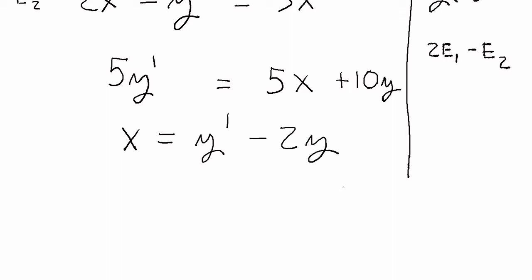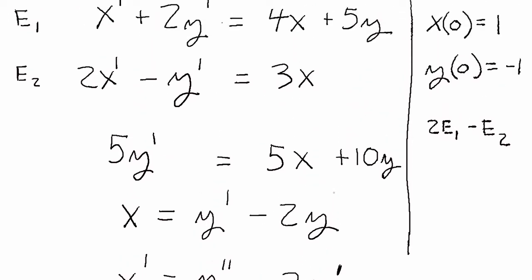Now if I differentiate this, I get that x prime is equal to y double prime minus 2y prime.